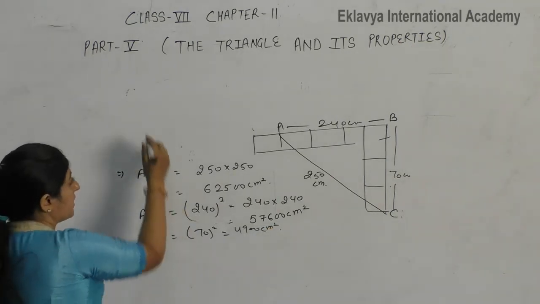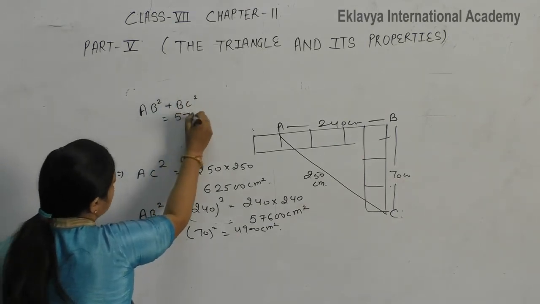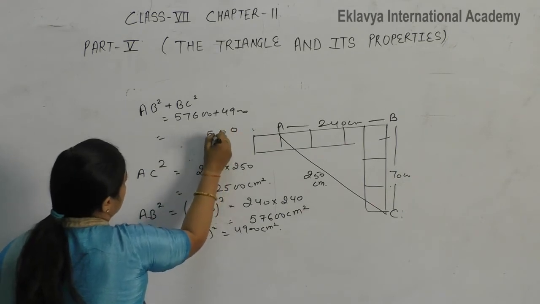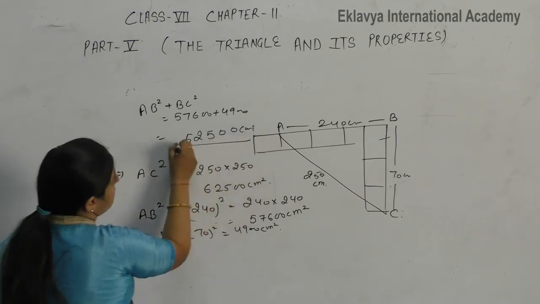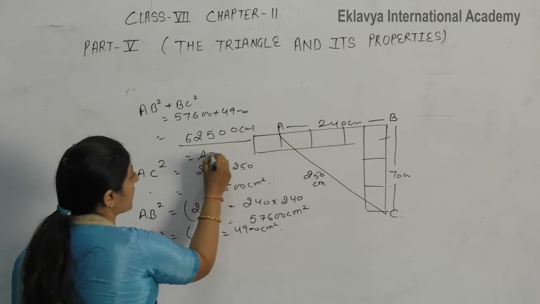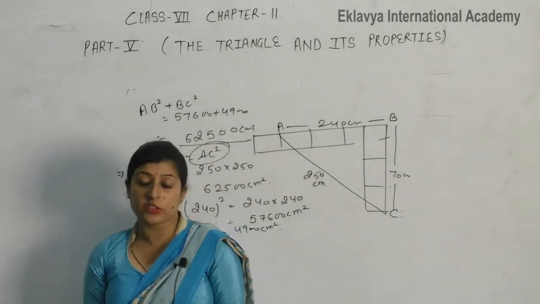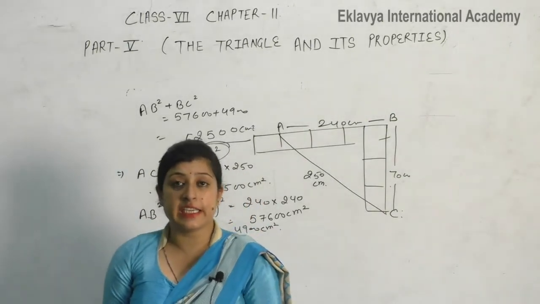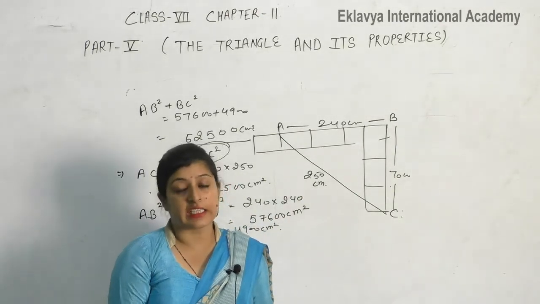Now check the sum of these two sides: 57600 plus 4900 is 62500 centimeter square, that is equal to AC square. It means it follows the Pythagoras theorem formula. Then by converse of Pythagoras theorem we can say this given triangle is a right triangle.